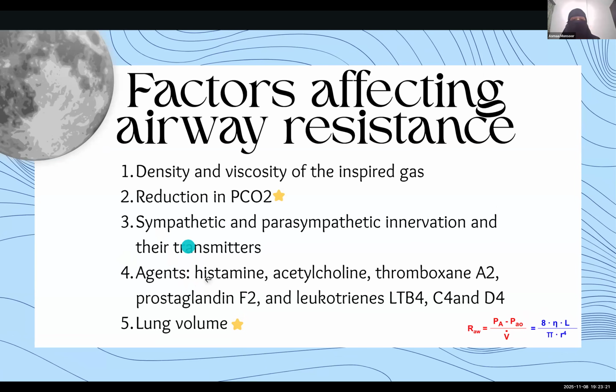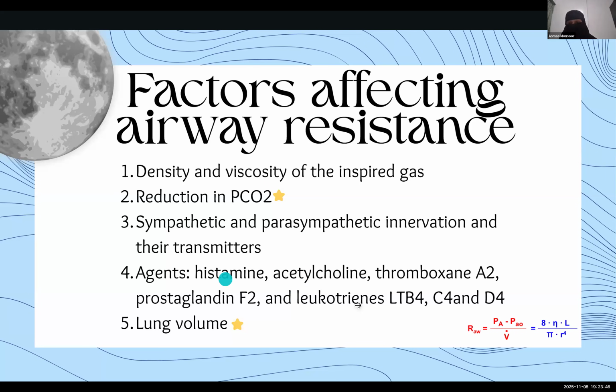Other things are agents or chemical substances that are there in the body, like histamine, acetylcholine, thromboxane A2, prostaglandins, leukotrienes, etc. All of these substances are chemical substances that are released mainly whenever there's allergies or inflammation. So in patients having asthma, for example, these substances are increased.